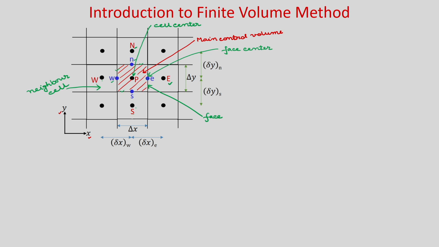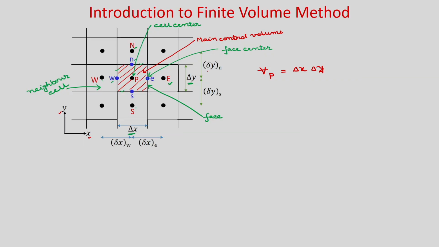You can see that the main control volume is of size delta x into delta y. So, the volume of this P cell is delta x into delta y, and the distances between the neighbor cell centers and the main control volume center are denoted as small delta.